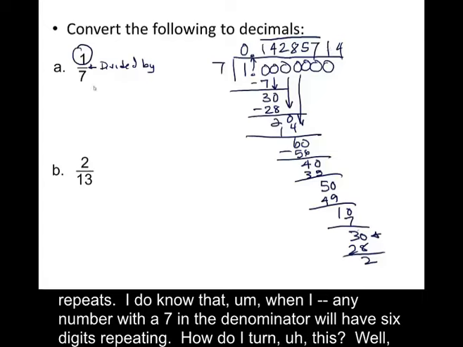I do know that any number with a 7 in the denominator will have 6 digits repeating.